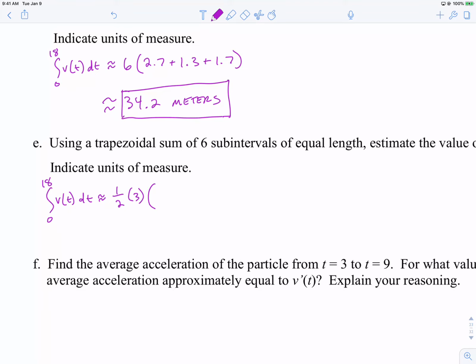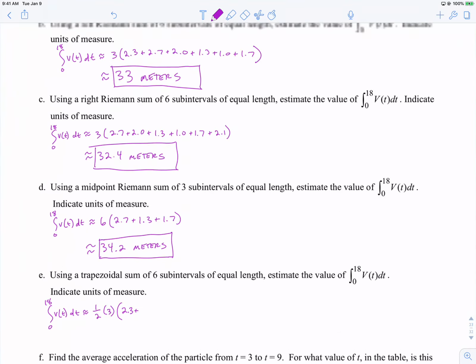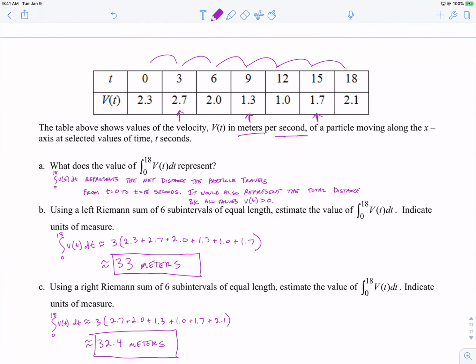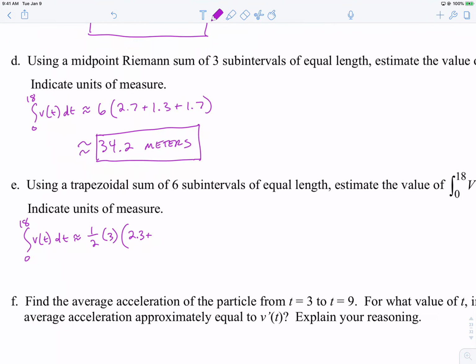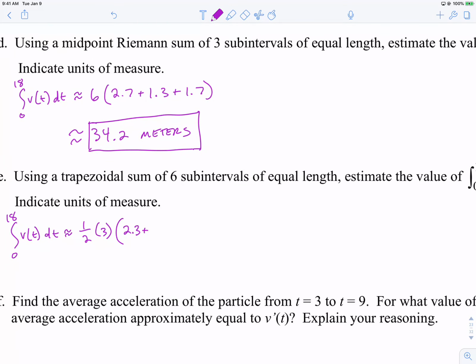So now we just need all the bases. So the first base is 2.3 plus 2.7 counts. Remember, this is the length of the base of the first trapezoid and also the length of the base of a second trapezoid. So it's going to be 2 times 2.7 plus 2, and that happens each time until we get to the last one.